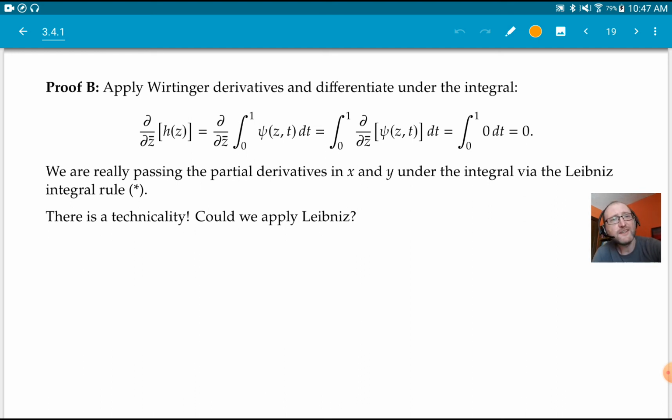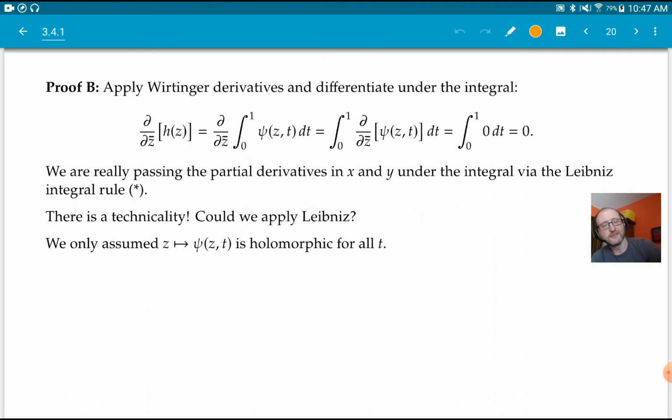I mean, if we assumed a little bit more, then everything would be fine. But we only assumed that this is holomorphic for all t. We didn't say anything about what happens to the partial derivatives. I mean, you know that for any fixed t, the partial derivatives are continuous, because it's a holomorphic function.